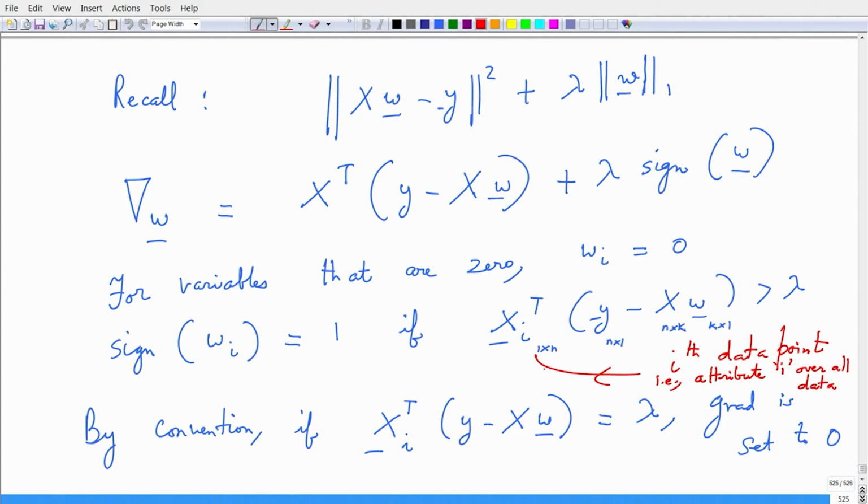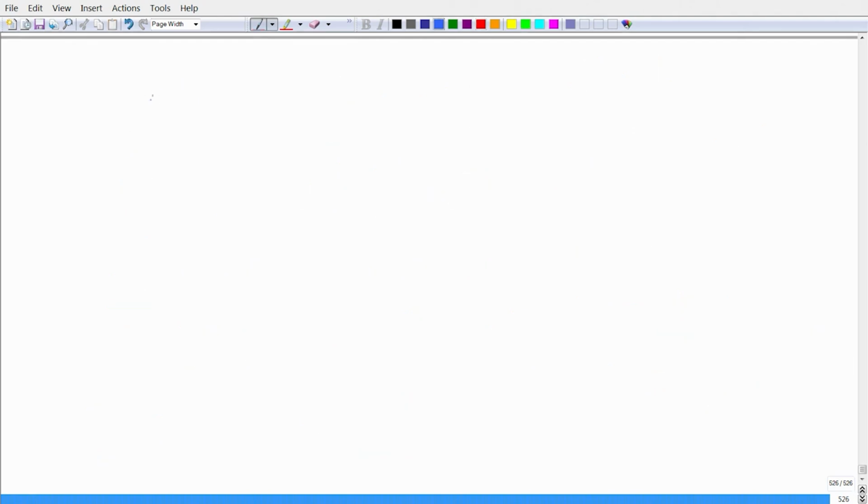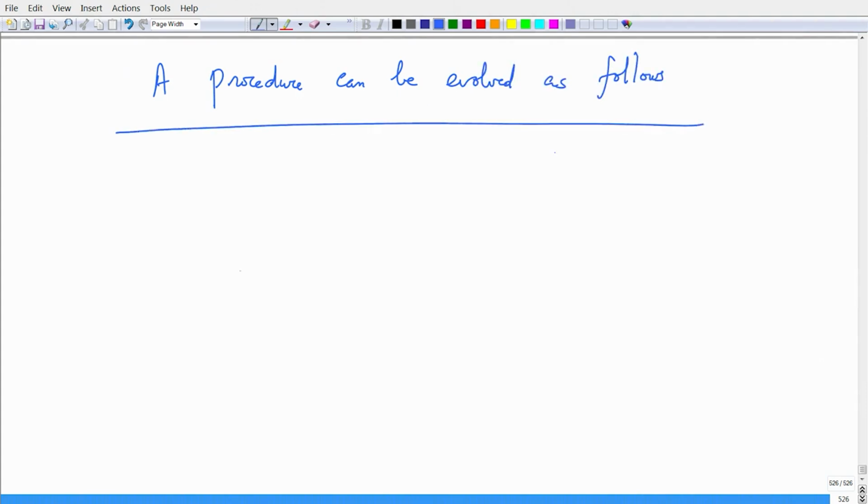So, I think what we have to pay attention to here is that xi corresponds to the ith data point, that is the attribute i over all the data points, right. It is the attribute i over all the data points. From this we can evolve a procedure. So, we have a condition.